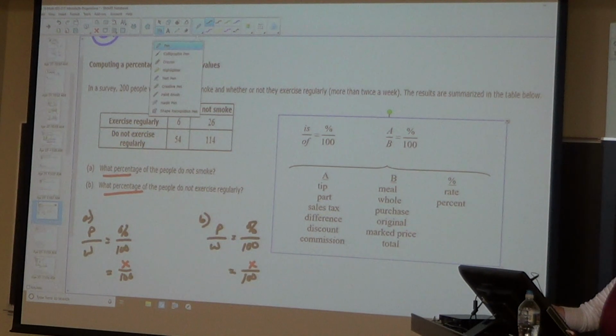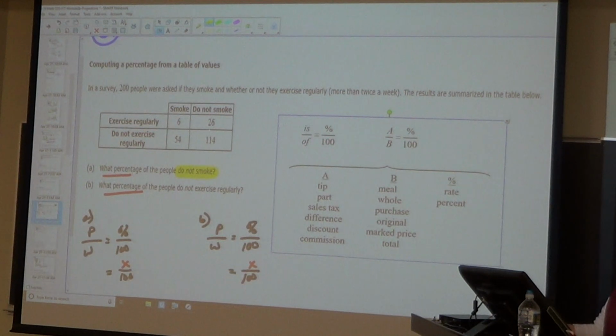Now, for Part A, do not smoke. Who are my do not smokers? 26. You see those are my do not smokers? So is do not smokers the part that don't smoke, or is that everybody? Everybody don't smoke? No, it's part.